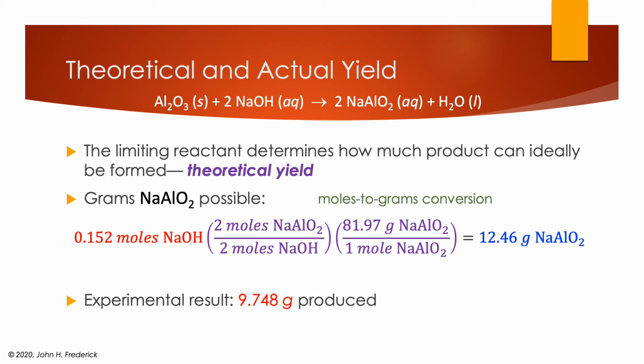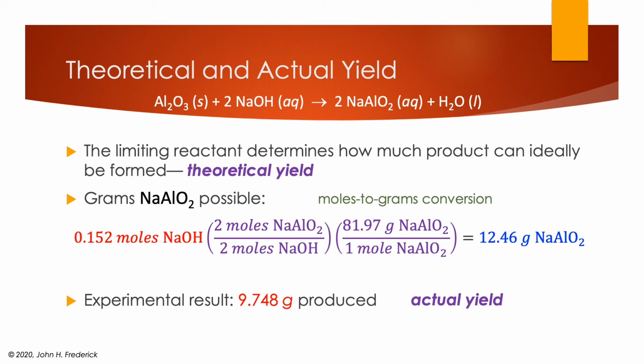Did I make a mistake in the math? Well, no, this is the actual yield, and one of the things that we have to face as scientists is that our experiments don't always get carried out perfectly, and in fact, error in the experiment and things that get wasted along the way can cause us to get less than our total amount out of our experiment, less than the yield that we expected for the theoretical yield.